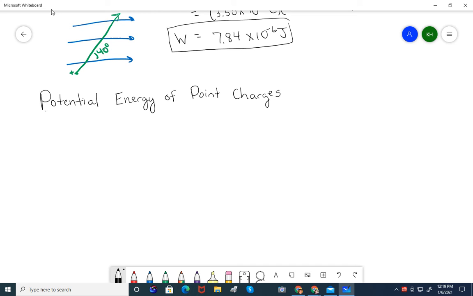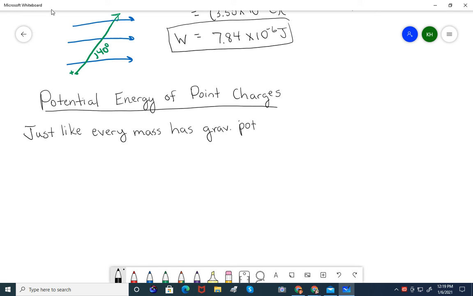Just like every mass has gravitational potential energy due to another mass.